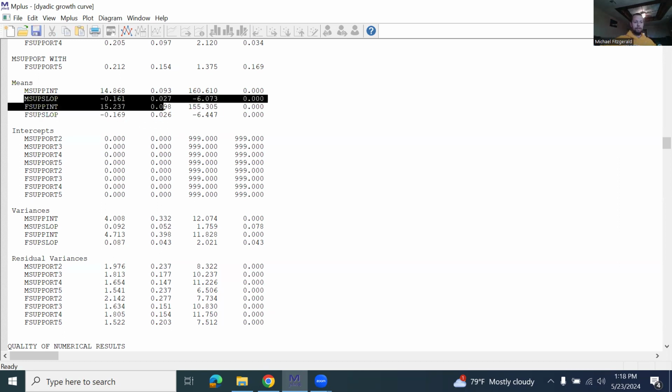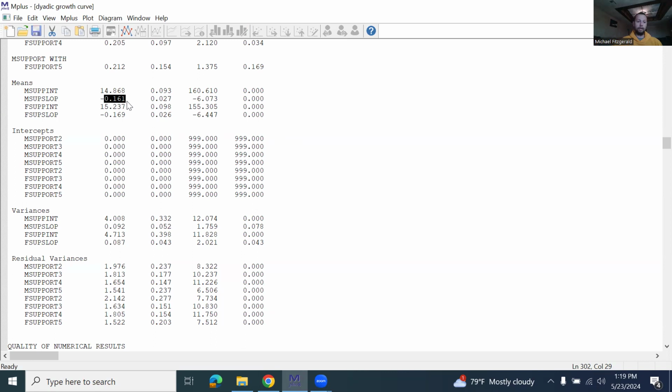On the other hand, the slopes, those means are incredibly important. And so what this indicates, this is the male slope of support over this 4-year period, and it's negative. So that means, as we recall looking at the descriptives, that male support over this 4-year period tends to decline in a fairly linear manner.